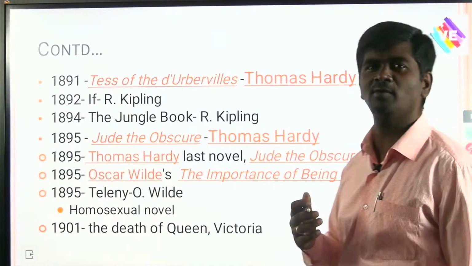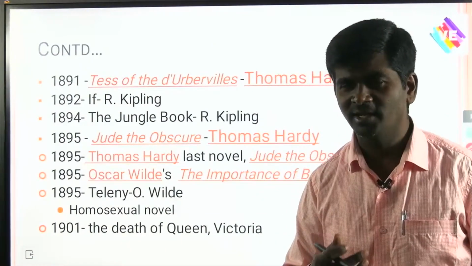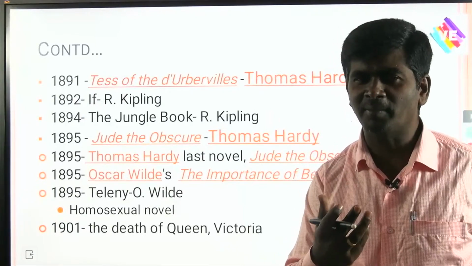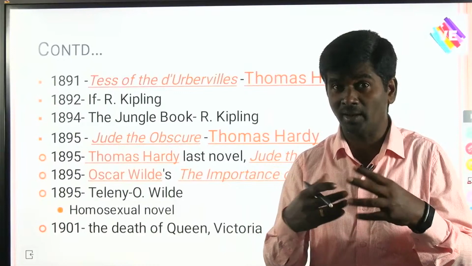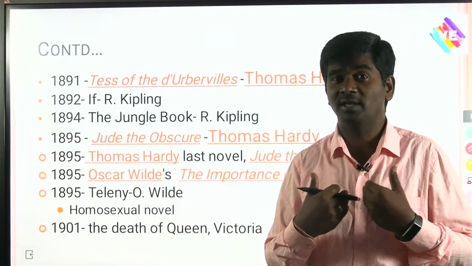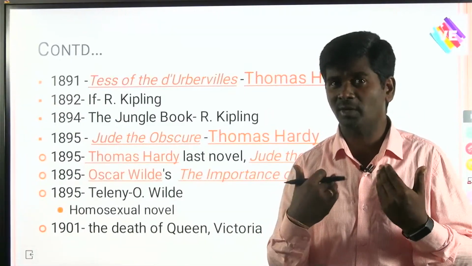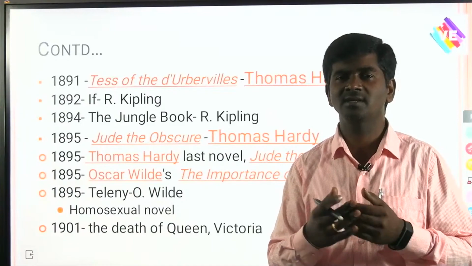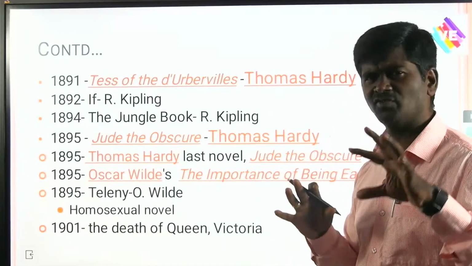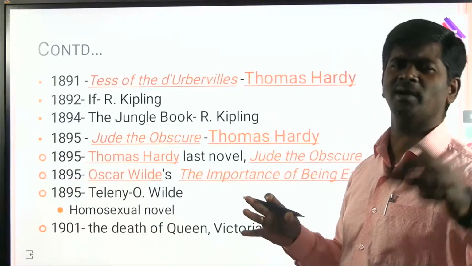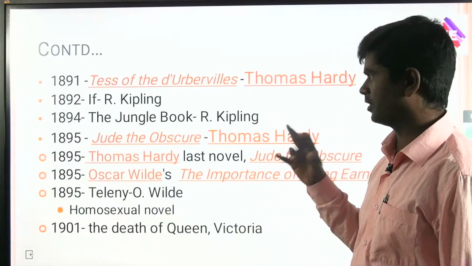Actually, I told you, jingoism, the process of narrating and making both animate and inanimate objects a part together, where human beings interact with non-human things. That is a concept created by one of the popular writers, Rudyard Kipling.